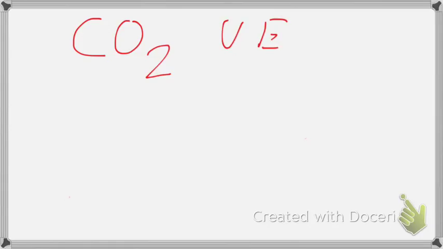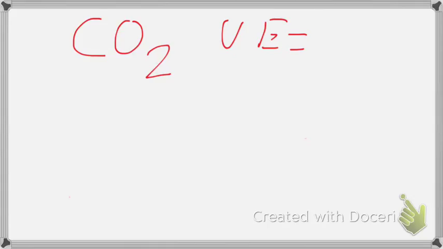Our last example is going to be with carbon dioxide. Carbon dioxide has the chemical formula CO2. All right. So let's count up the total valence electrons for carbon dioxide.